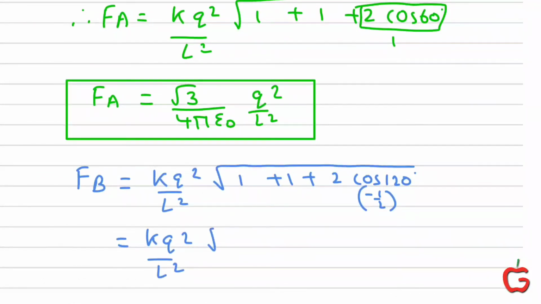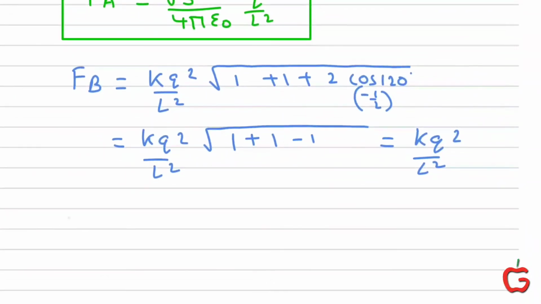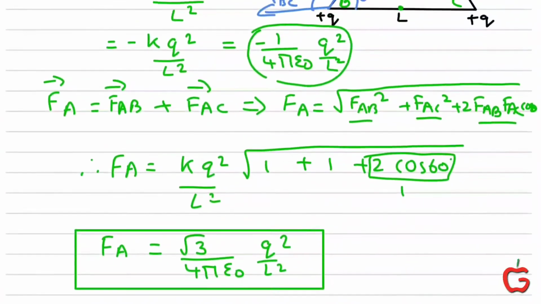So KQ square by L square, 1 plus 1 minus 1. So these two ones cancel out and the remaining force is only KQ square by L square. So the net force on B is 1 by 4 pi epsilon naught Q square by L square. And so is the net force on C.